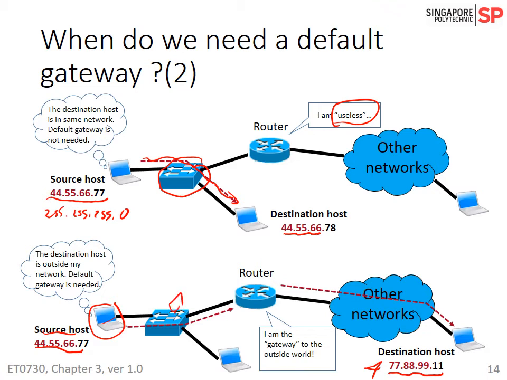So it will pass the packet to the Ethernet interface of this router, and then this router will help forward the packet until we reach the destination. So in this situation, hosts need the help of a router with the default gateway.